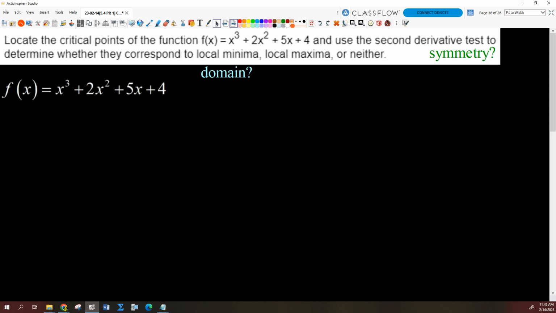Let's zip through this one. What's the domain? All reals. Yep, all reals. Symmetry? None.